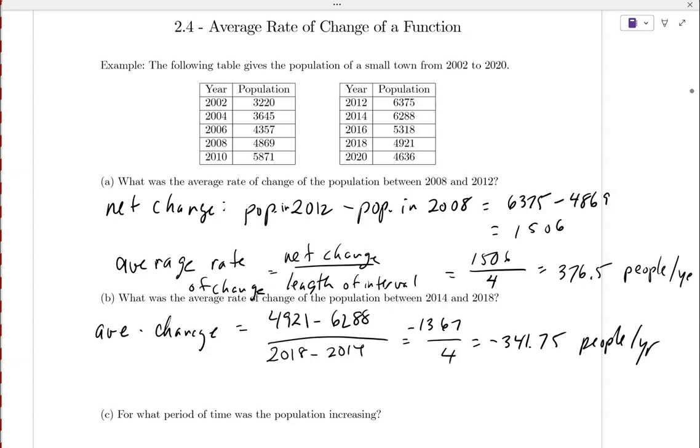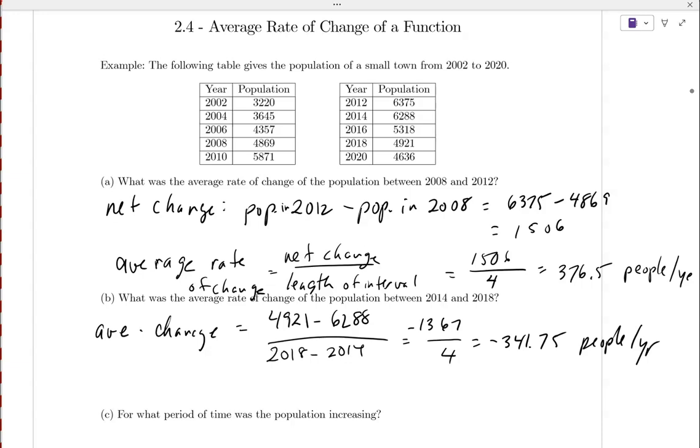Any questions on how we're getting that? Again, we're just doing net change, so we're doing ending value minus starting value, and then dividing by how many years there are, the length of that interval. Notice that in the first one, the rate of change is positive. In the second one, the rate of change is negative.